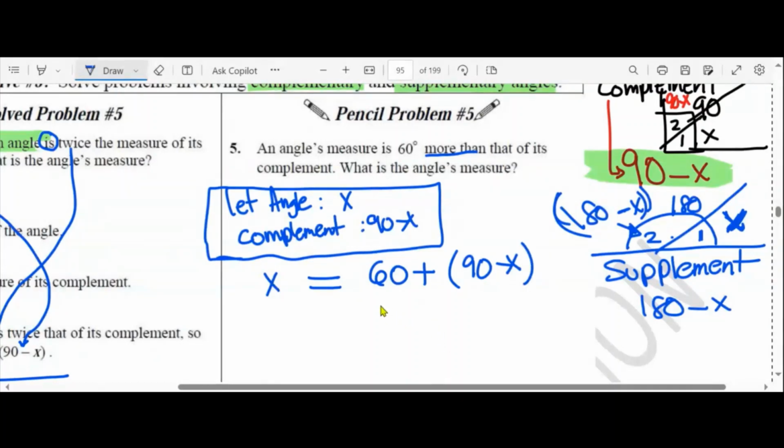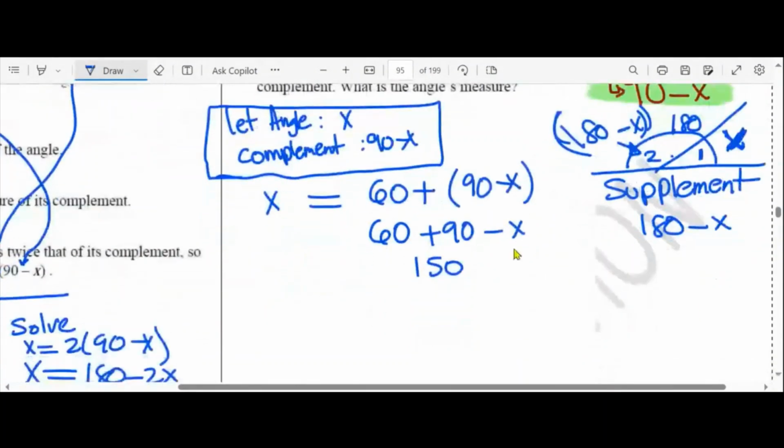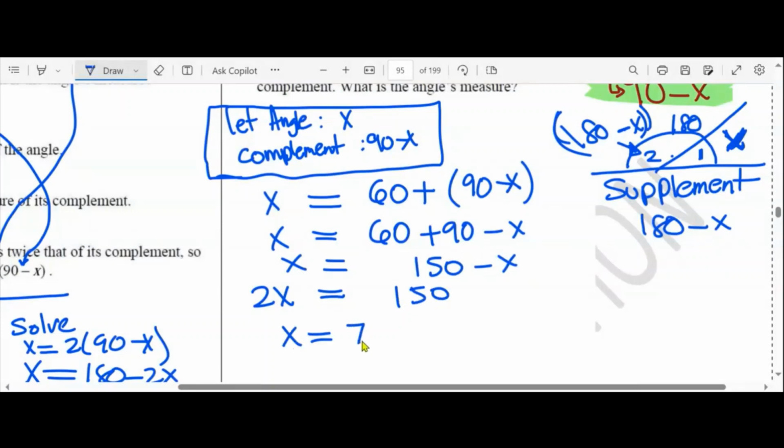So 60 plus 90, how much? 150. And then can I move the x to the other side? It becomes 2x equals 150. So x equals what? 75.